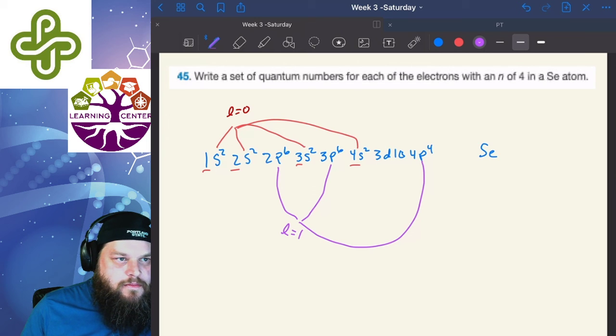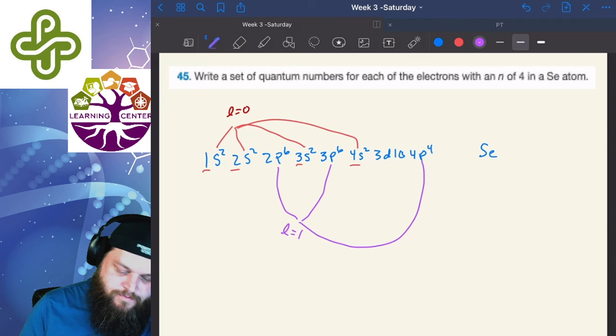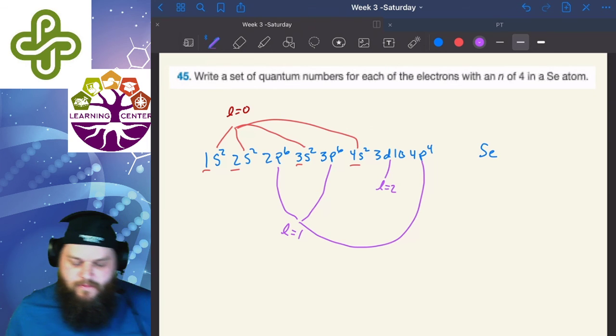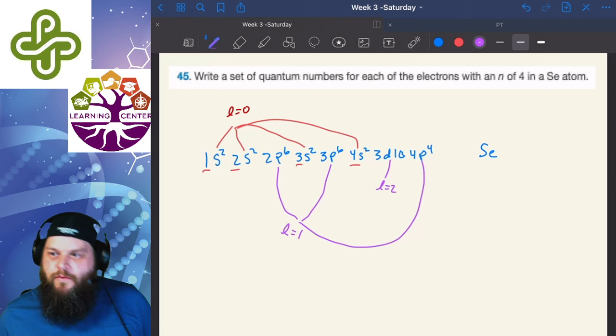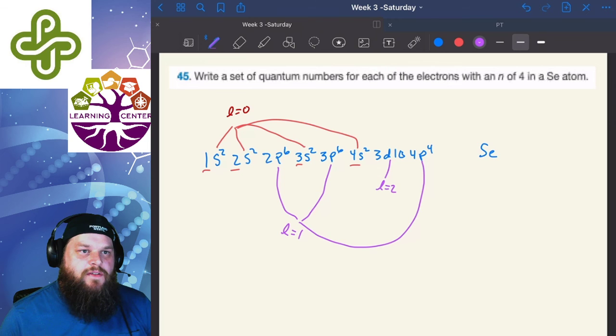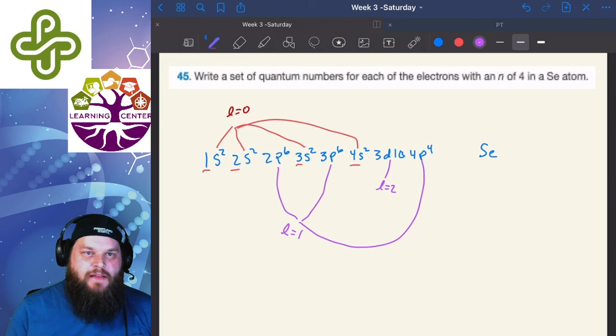And last, these d orbitals here would be L equals 2. But we're going to write the set of quantum numbers for each of the electrons in the n equals 4 Se atom.